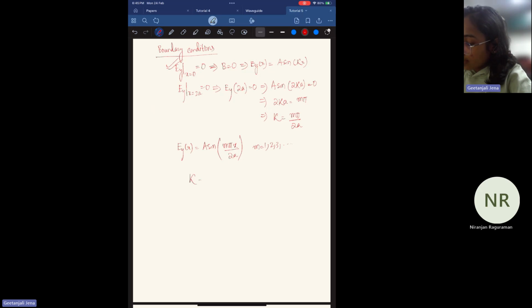If you recall, kappa is nothing but square root of k0 square n1 square minus beta square, which is m pi over 2a. And if you square it on both sides, we have k0 square n1 square minus beta square.